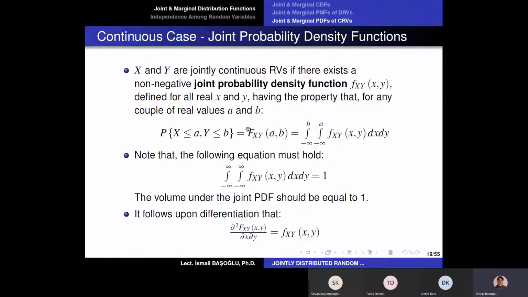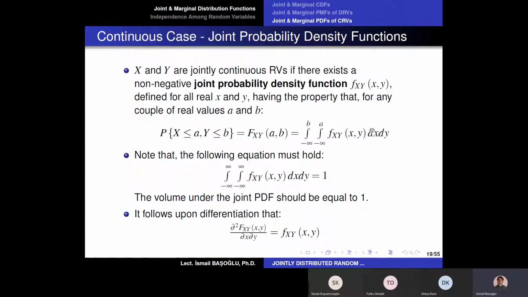Now, how do you compute such a probability with the joint probability density function? You take a double integral, my friends. Let's just say the interior integral belongs to the x operator and the outer integral to y. So this is the inner integral, and this is the outer integral operator.